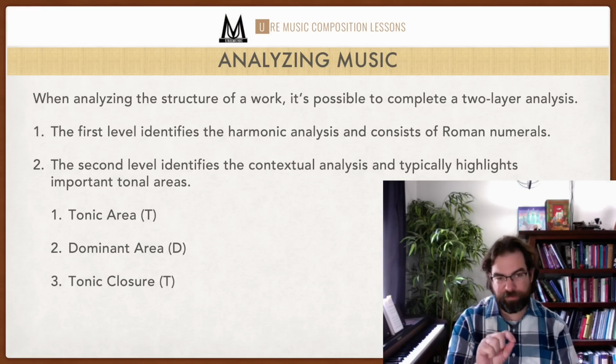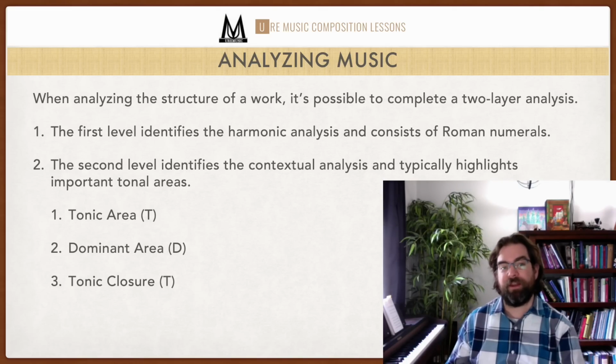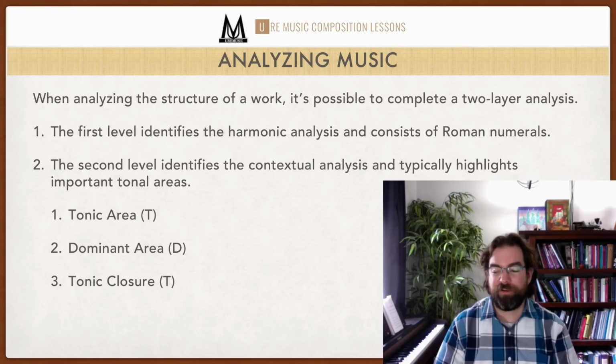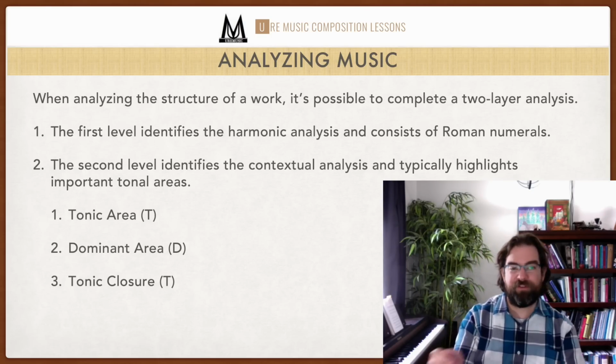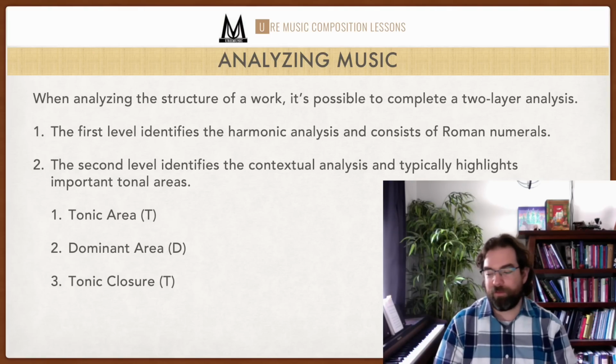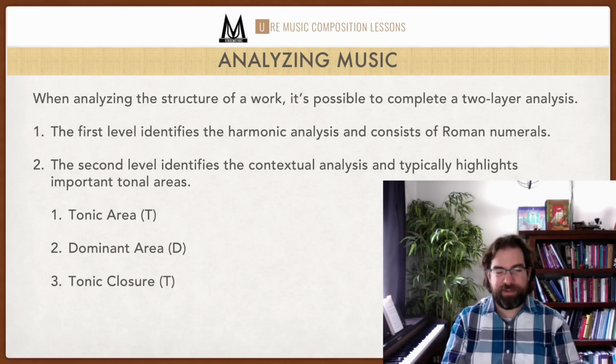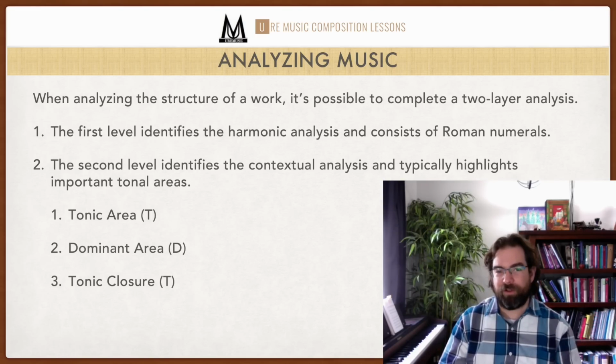What you do first is go through and analyze as many chords as you can. If you come across a chord that's confusing, maybe put a line underneath it and come back to it later, because once you get the really obvious chords, some of the other chords start to fall into place.